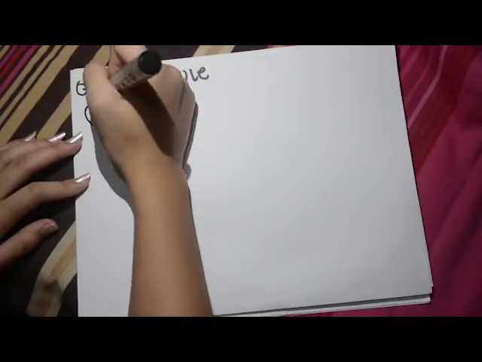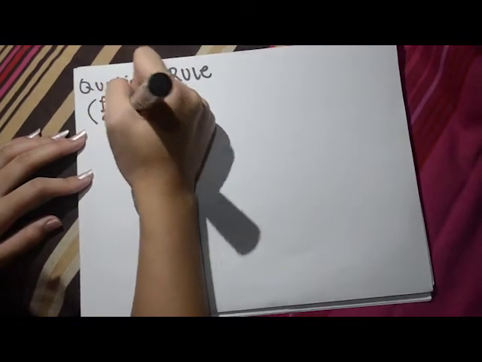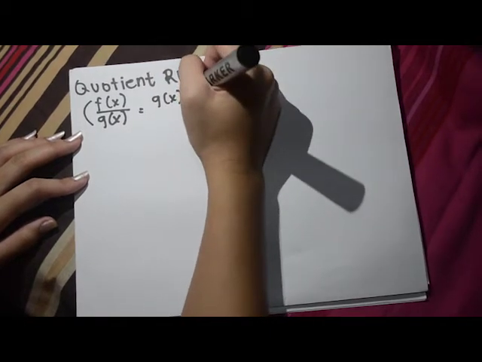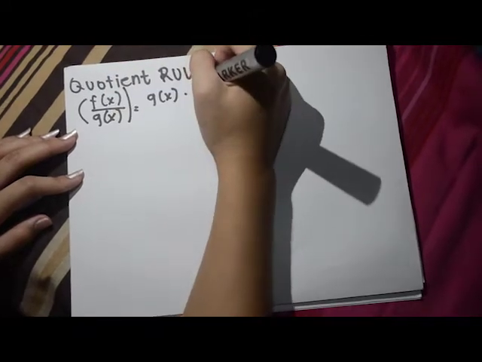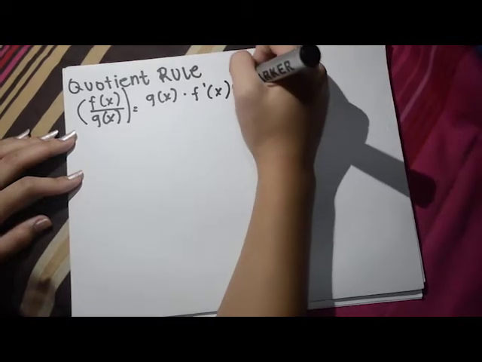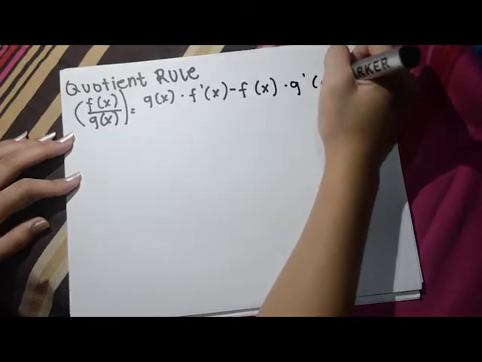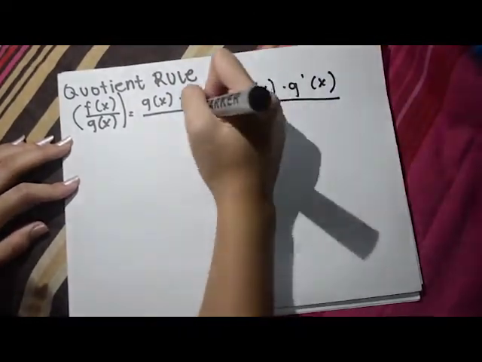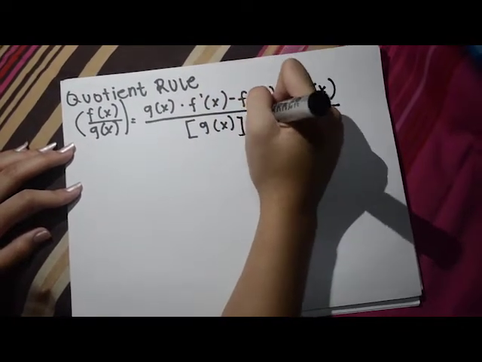Fourth rule is the quotient rule. The quotient rule is actually the product rule in disguise and is used when differentiating a fraction. For this rule, we'll use g of x times the derivative of f of x minus f of x times the derivative of g of x, over g of x squared.